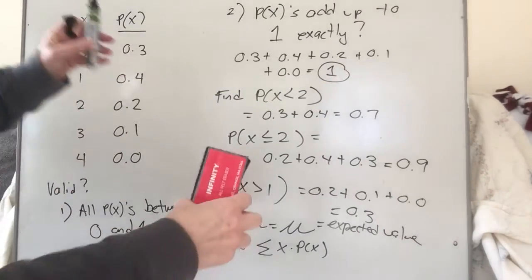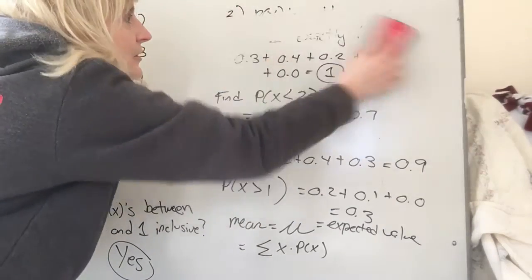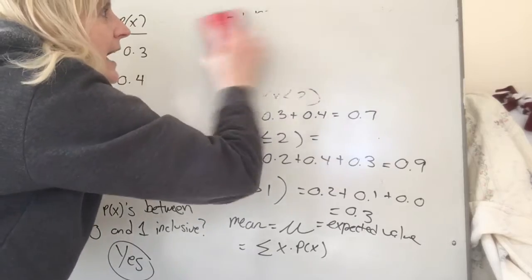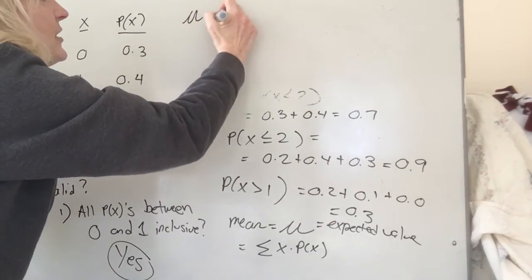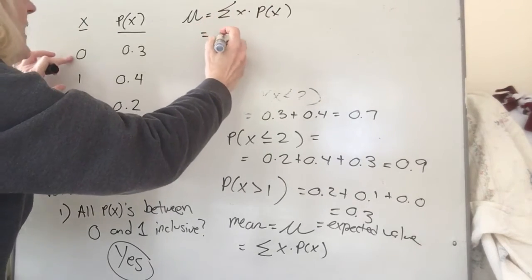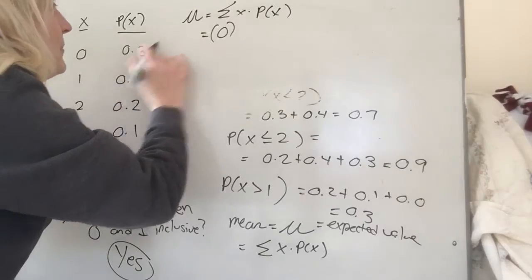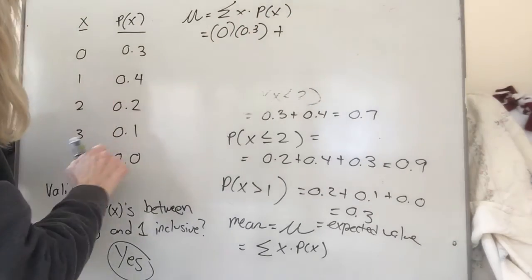So what you have to do is go into each one of these and add up x times P of x. I'm going to erase up here because I think maybe I'm getting cut off at the bottom, and do that for you. So mu is equal to the sum of x times P of x. You take each x and multiply it by the probability next to it, and you've got to do it for all 5 of them.